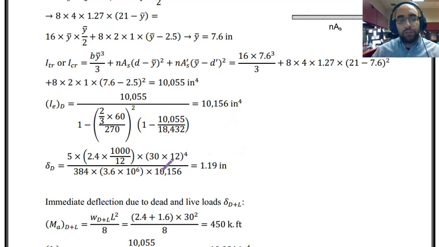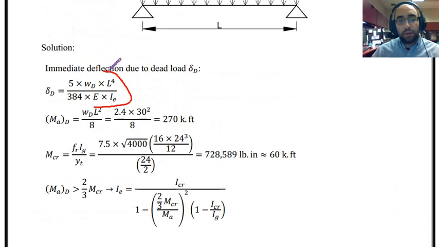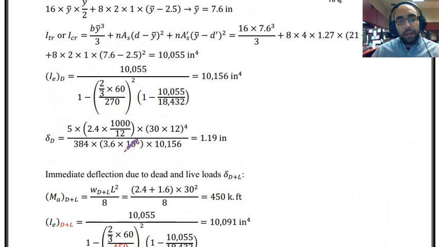Now that we have this value, I can find the deflection because of dead load, using the equation that we talked about earlier. Now that we have the effective moment of inertia, I can put it in the equation over here, and we can find the deflection. Note that for the loading or WD, I changed it from kip per foot to pound per inch. The load is equal to 2.4 kip per foot.